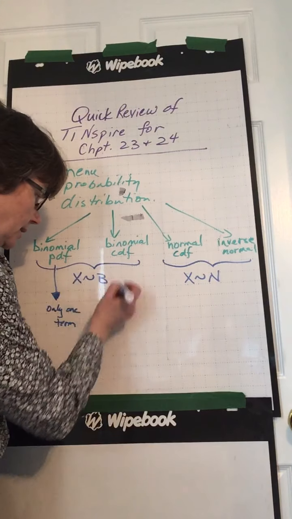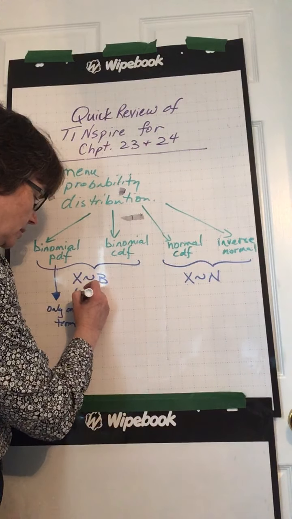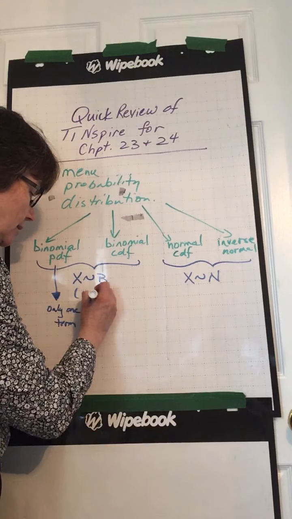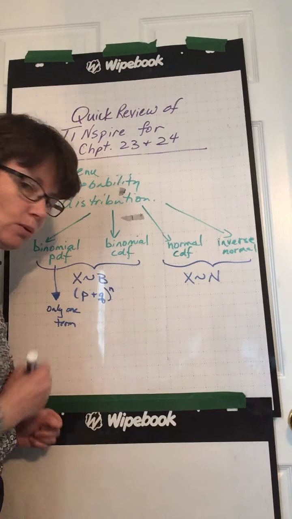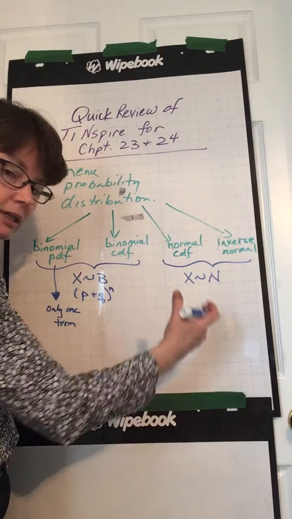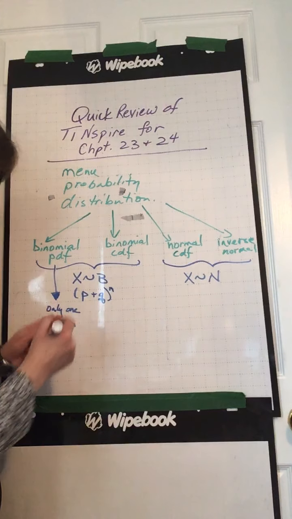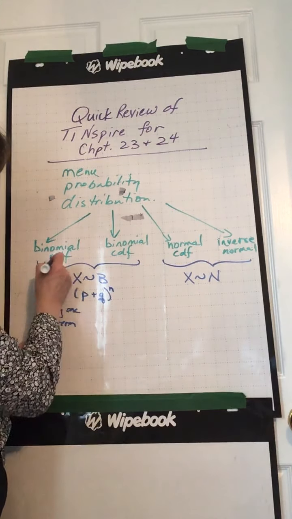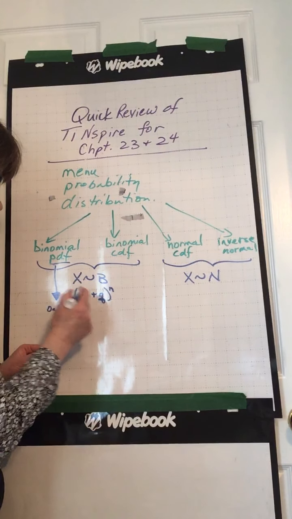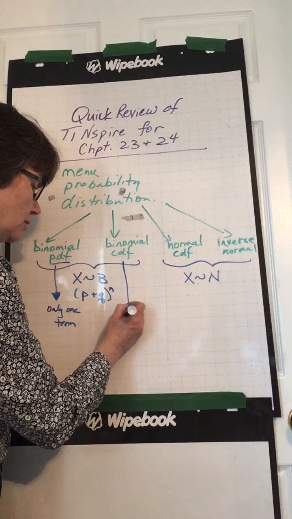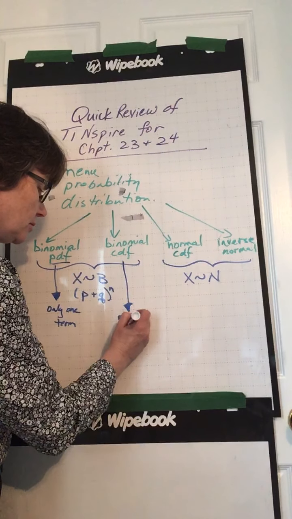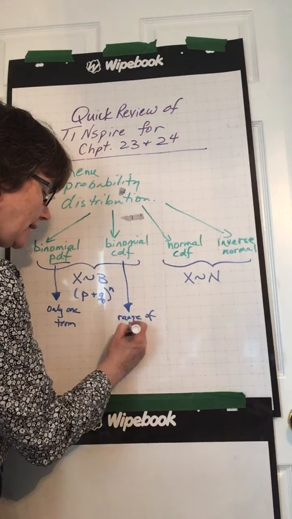This has to do with binomial expansion: the probability of something happening plus the probability of something not happening, to the power of n, and then expanding that out. Only one term is used with PDF. In binomial CDF, we're looking for a range of terms to add together.